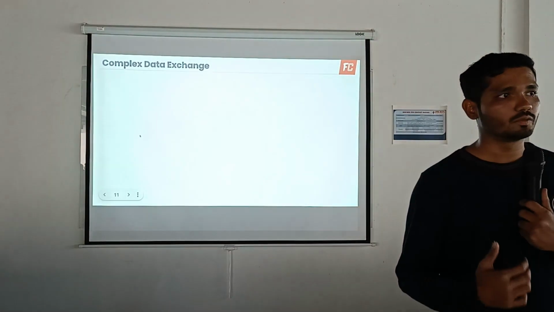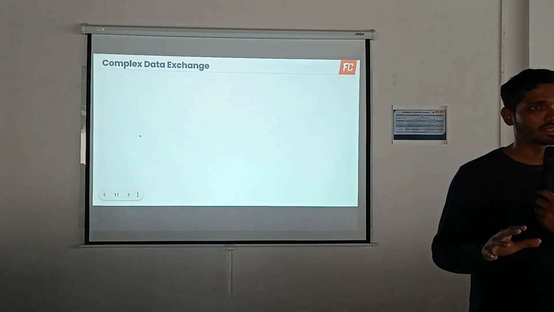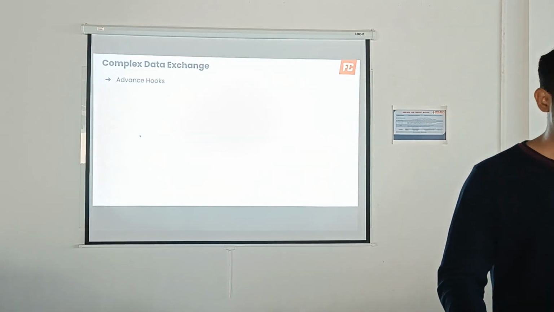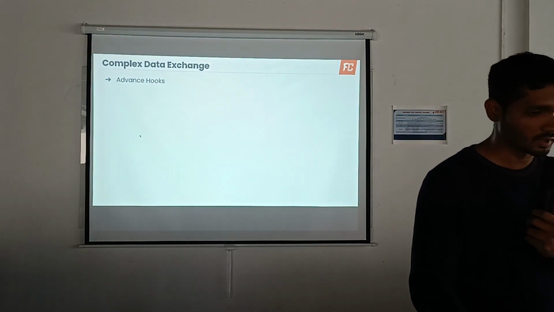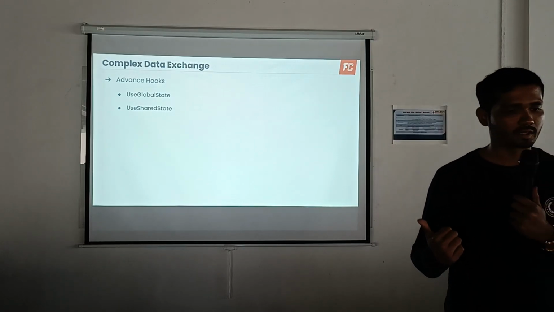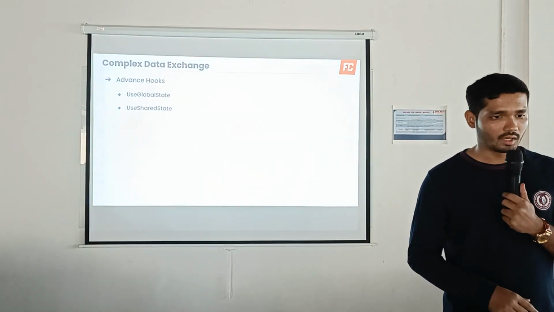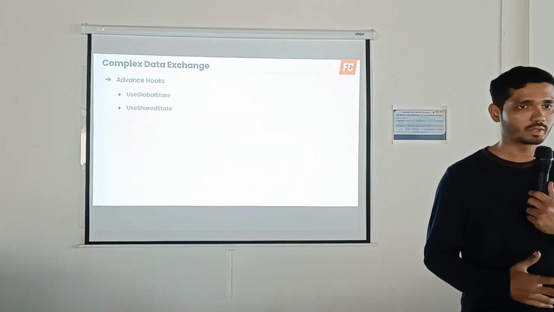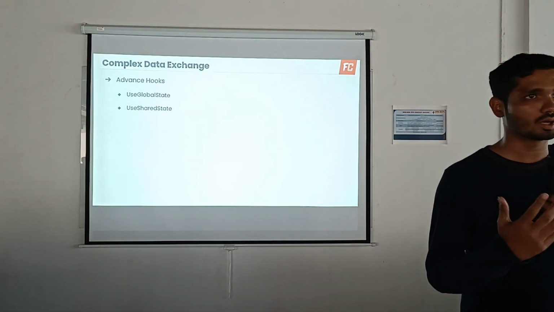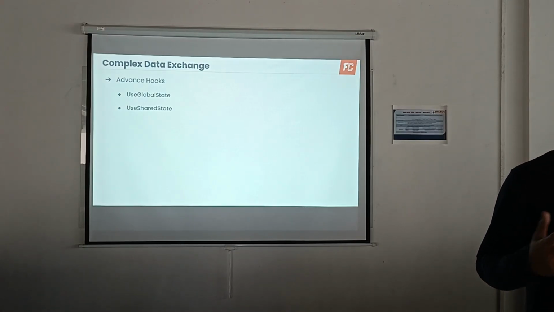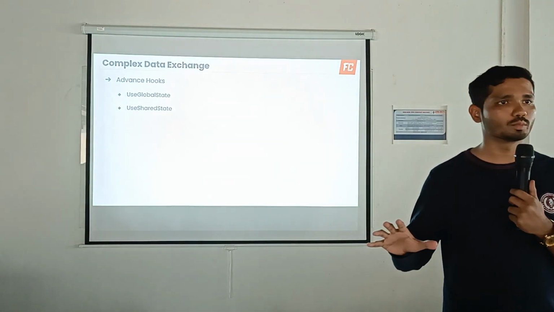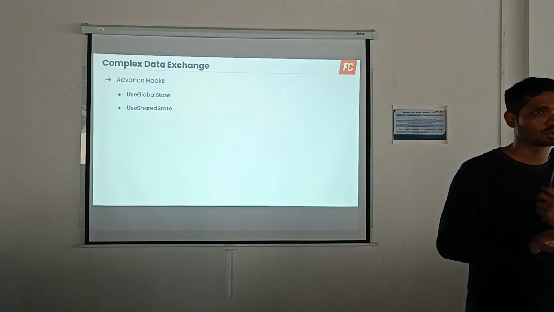But secondly, we also want to make sure all our complex data exchange use cases are covered. And for that, we have some advanced hooks available. There are two: one is use global state, and the second is use shared state. Global state is very important because sometimes you have an authentication store where you keep all your authentication-related state, and you want that to be global because in multiple components in your application, that state is going to get used.